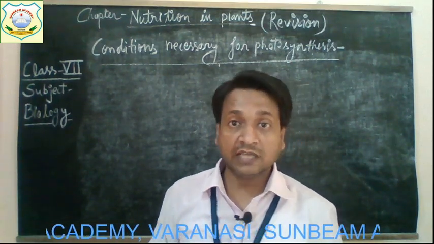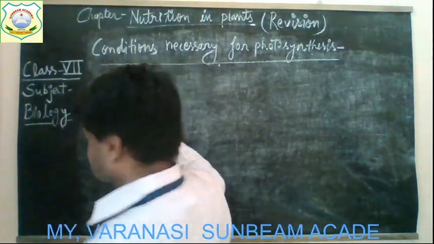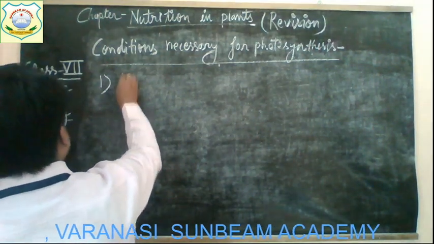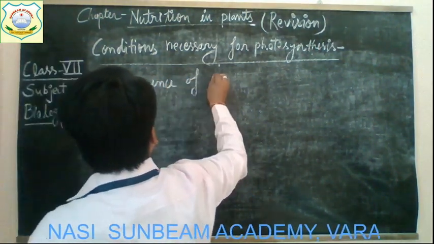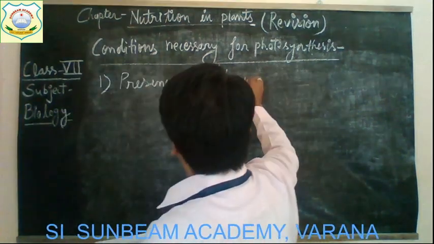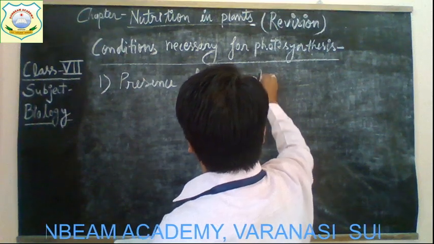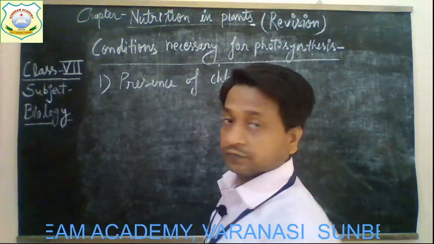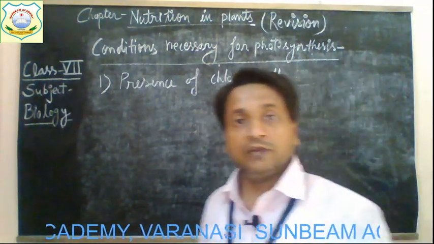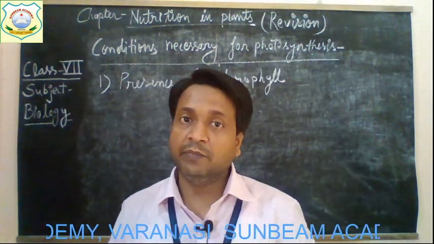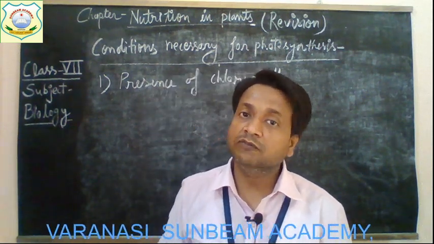And those conditions are: the first condition is presence of chlorophyll. If the chlorophyll is absent in the plant, that part of the plant will not have the process of photosynthesis.